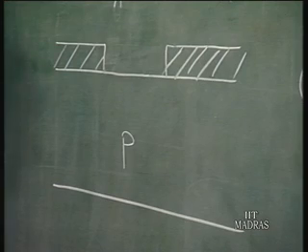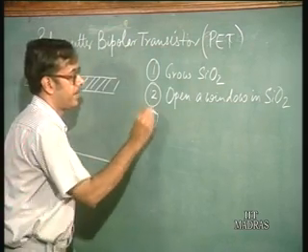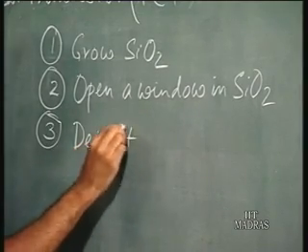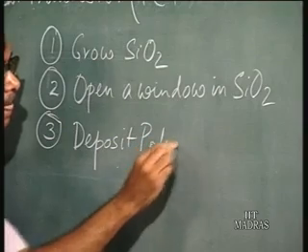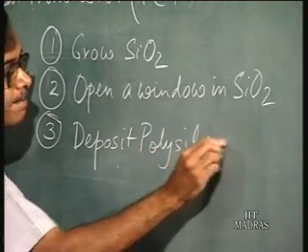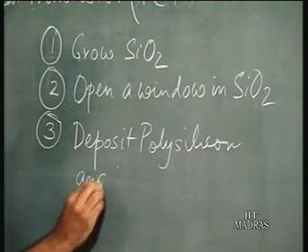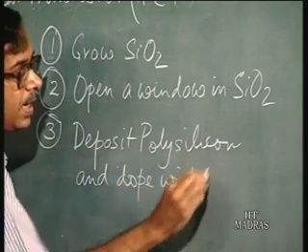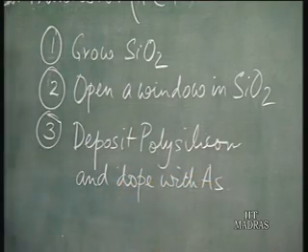Then what you do is deposit polysilicon and dope with arsenic. Arsenic is an N-type dopant in silicon.